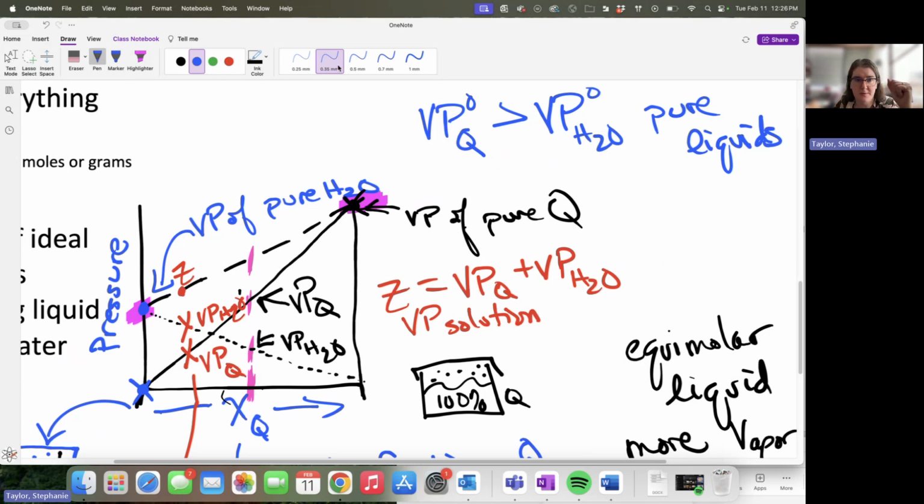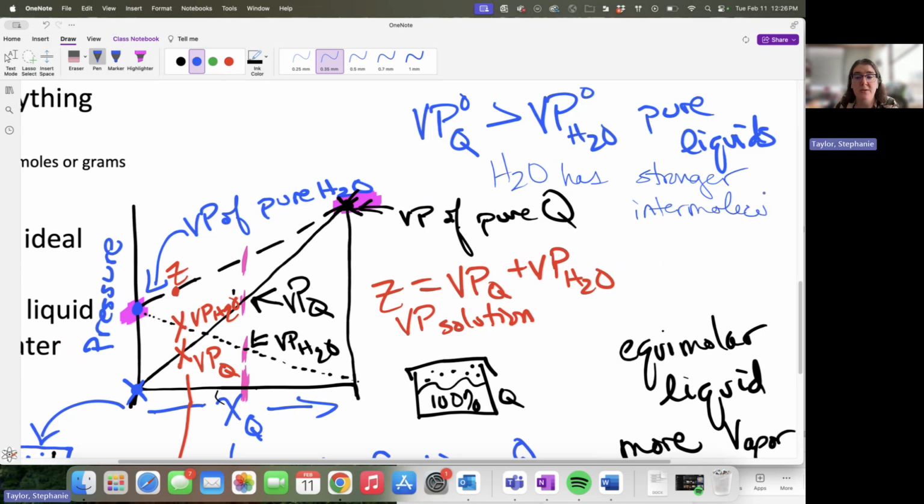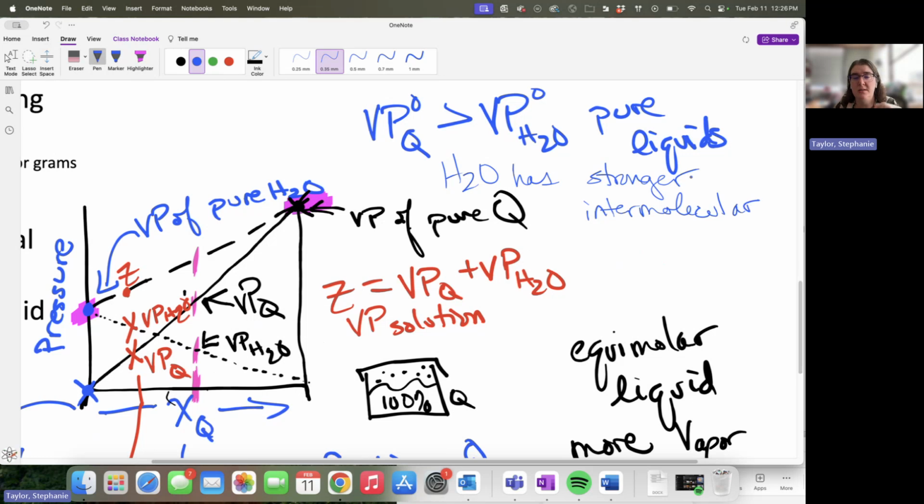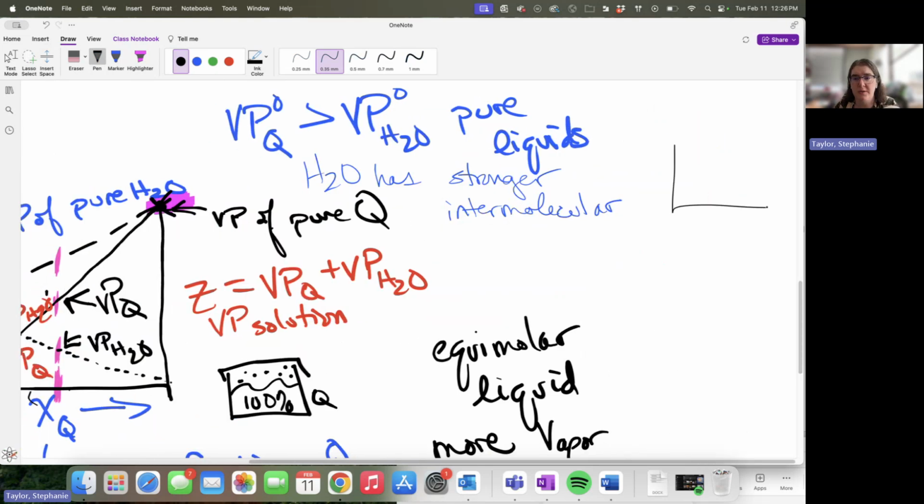That also means something else, which is that water has the stronger intermolecular forces. So even if I don't know what Q is, the fact that water has the lower vapor pressure means it has the stronger intermolecular forces.